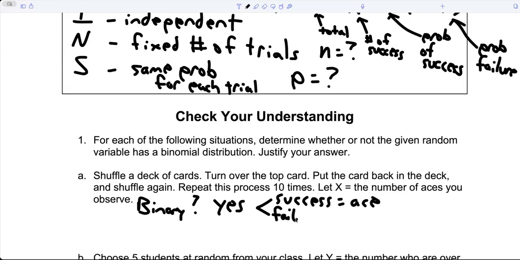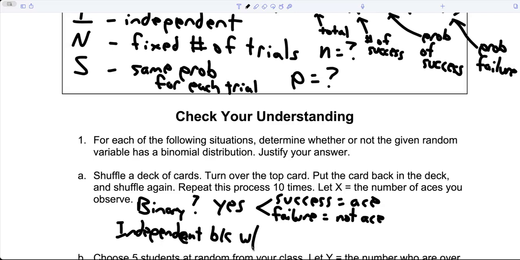Failure would be not drawing an ace. Are these events independent? Yes, why? Because we put the card back, right? So we're gonna say independent, because it's with replacement.